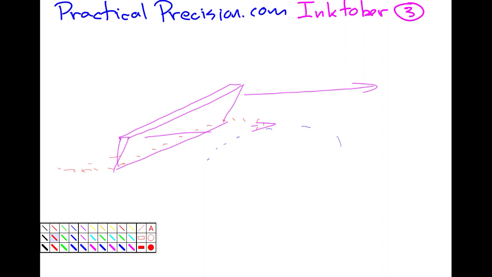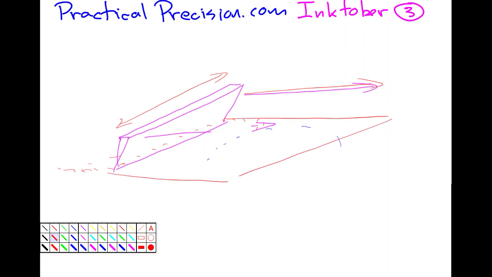So if you think about the most obvious design for this spreader, it's linear. And the most obvious direction for that movement is perpendicular to that. So it's going to spread the material in a rectangle.